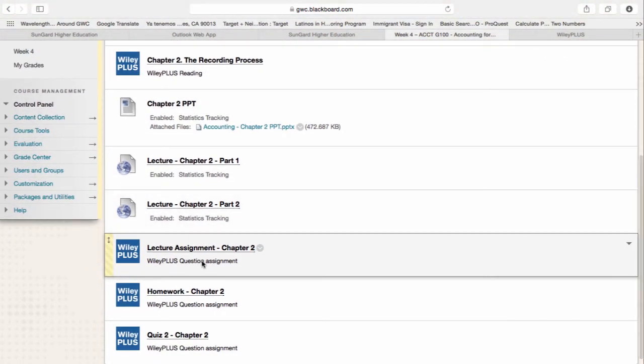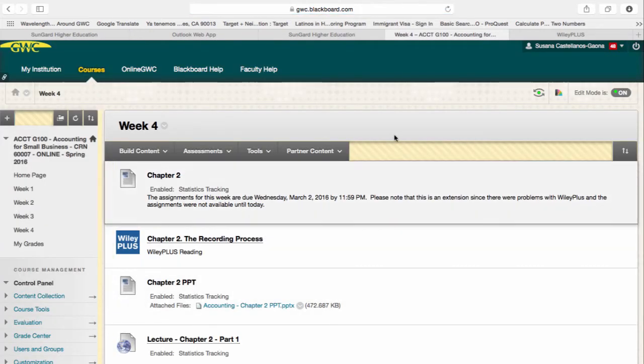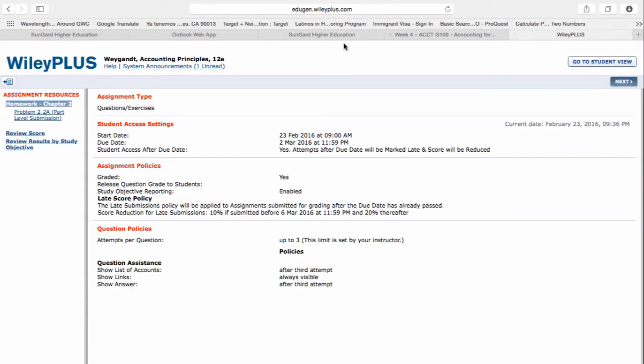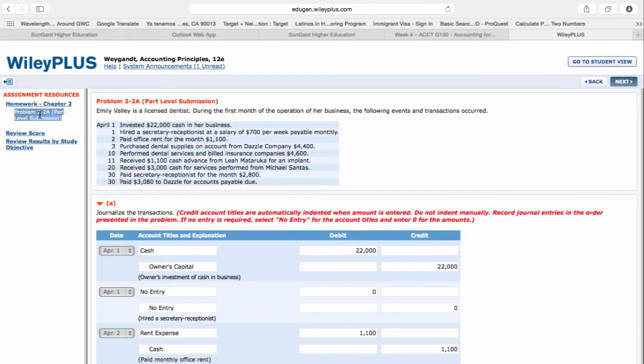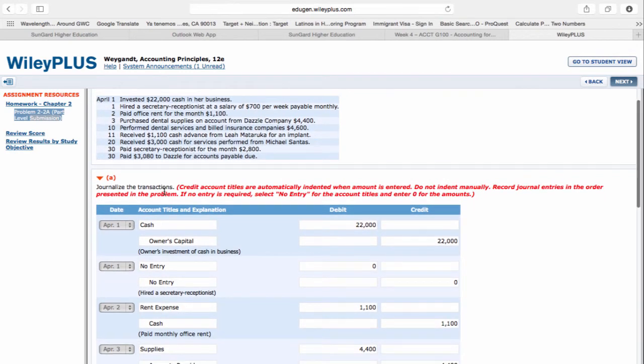Then you're also going to have your homework assignment for chapter 2. And your homework assignment for chapter 2 is basically what we just covered right now in the lecture. It's only one homework problem, but the homework problem has 3 parts. It's going to give you all of these transactions, which are similar to what you did in chapter 1 for the tabular form, except you're not going to be recording them in the tabular form.